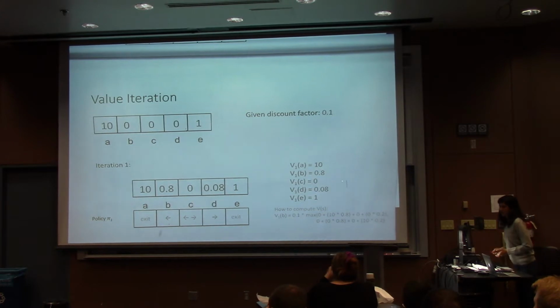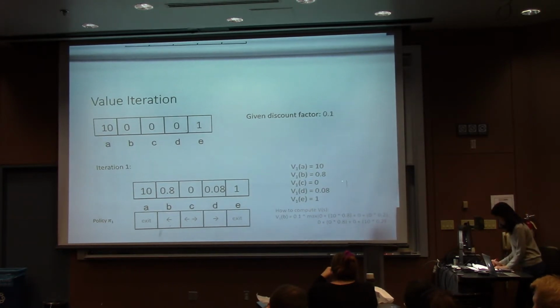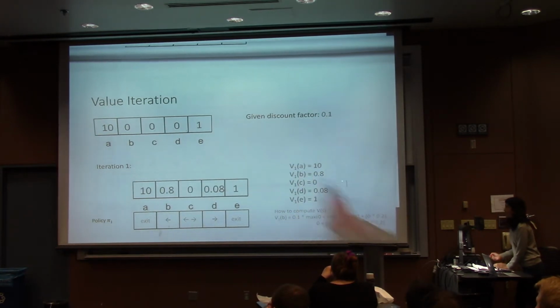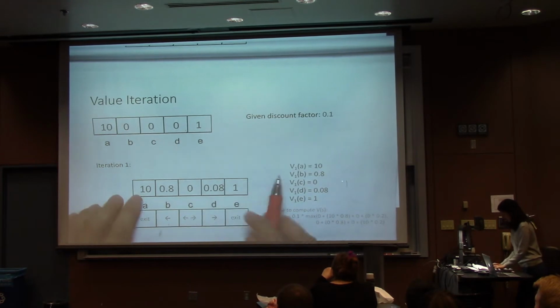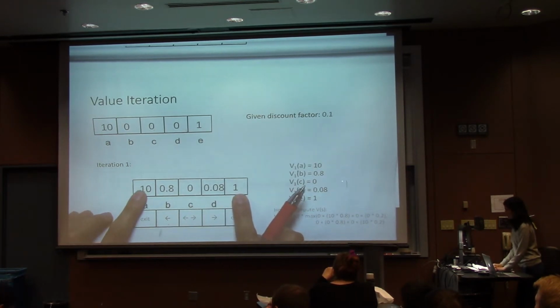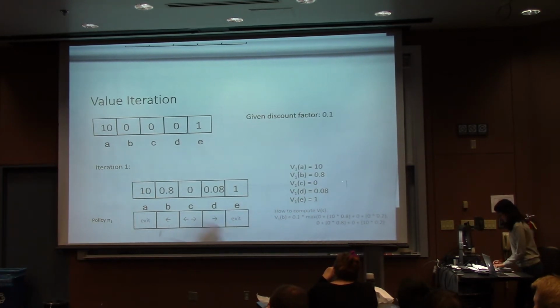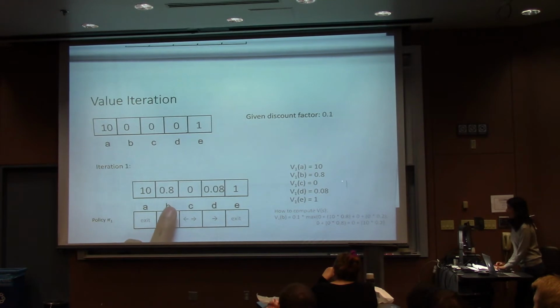And the values are intuitive, so we can just walk through them without much calculation. So for V1, it's a terminal state, so again you end up with 10 and 1. But now for iteration 1, the value of V can be computed with respect to this, which was not there before.